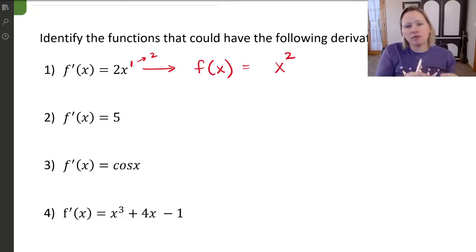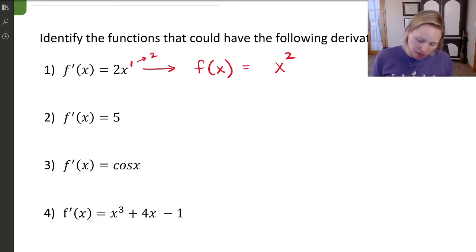So it's multiplied by 2 and then we reduced it by 1 to get to the 2x. So I have to think about, was there anything in front of the x that multiplied with that exponent of 2? And here the answer is no. So this f prime of x equals 2x could have come from f of x equals x squared.